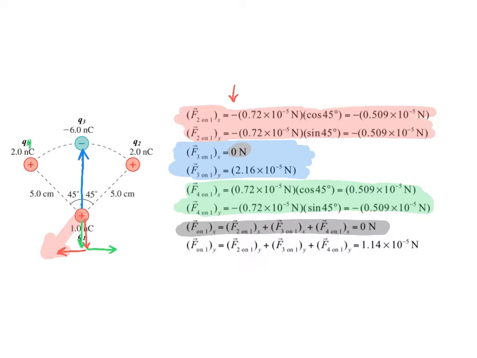You get 0 for the 3 on 1 part here, and the 2 on 1 and 4 on 1 in the x direction are equal and opposite, so they drop out. Do we need to write it? Nope. You just look at it. But the math is there. For some people that helps with the accounting.